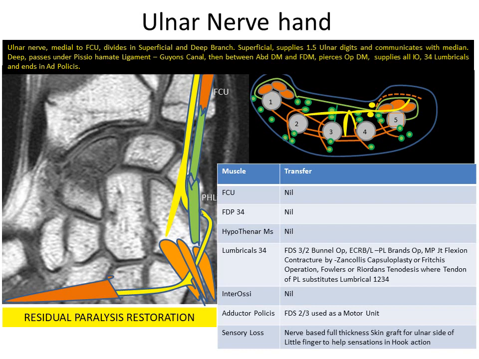Or you can do a tenodesis producing MP flexion by the Fowler's or the Riordan's technique using the palmaris longus tendon. And all these are to substitute the paralysis of lumbrical 1, 2, 3 and 4.